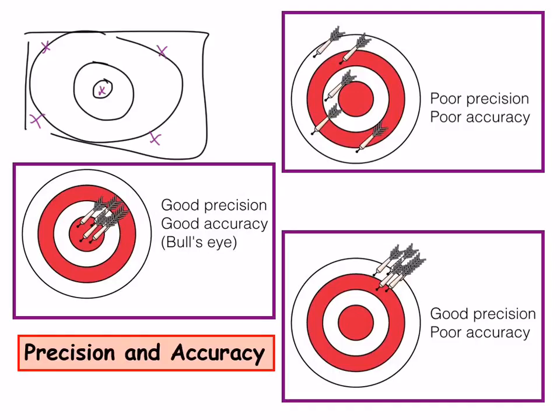What's the precision here? Is it good or bad? It's bad. Yep, poor precision. But if we are going to average those 5, where is the average of those 5? Just eyeballing it, in the middle.